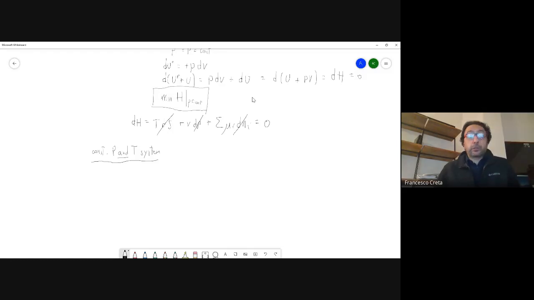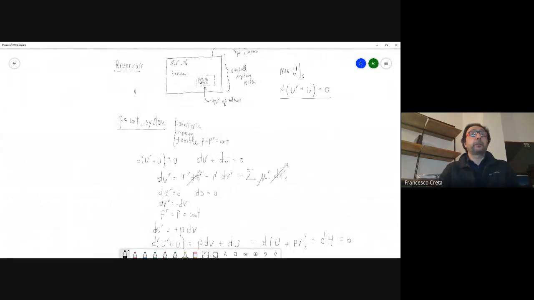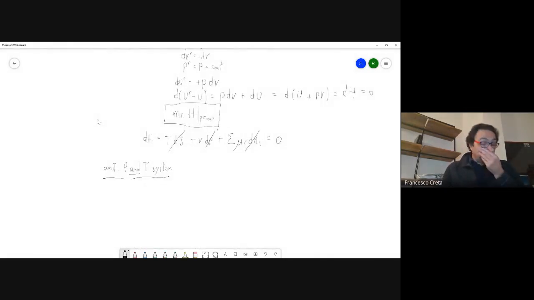So what are the walls? Now I'm talking about this inner system here, right? Now I have to choose wisely my surrounding walls. And as I said, I need to pick them as diathermal, so not adiabatic, to keep the temperature constant.